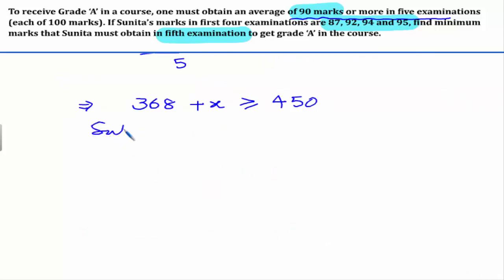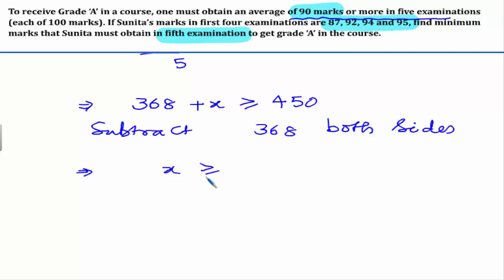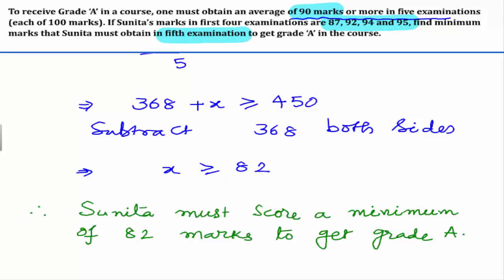So by subtracting 368 on both sides, we get x ≥ 82. So that means we can say here that Sunita has to score a minimum of 82 marks to get the grade A.